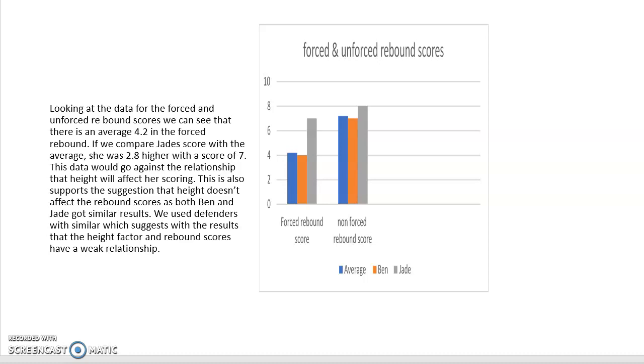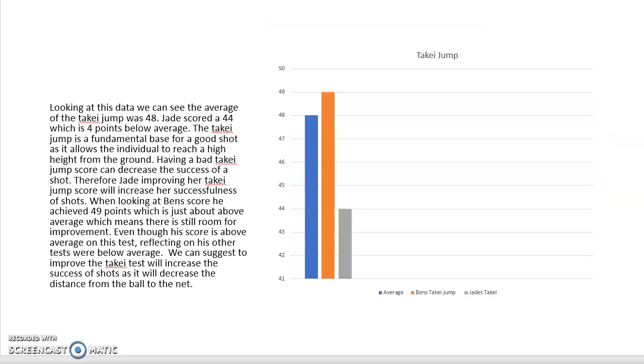This also supports the suggestion that height doesn't affect the rebound scores, as Ben and Jade got similar results, and they have a very big height difference, with Ben being 182 centimeters and Jade being 162. We used defenders with similar heights, which suggests with the results that the height factor and rebound scores have a weak relationship.